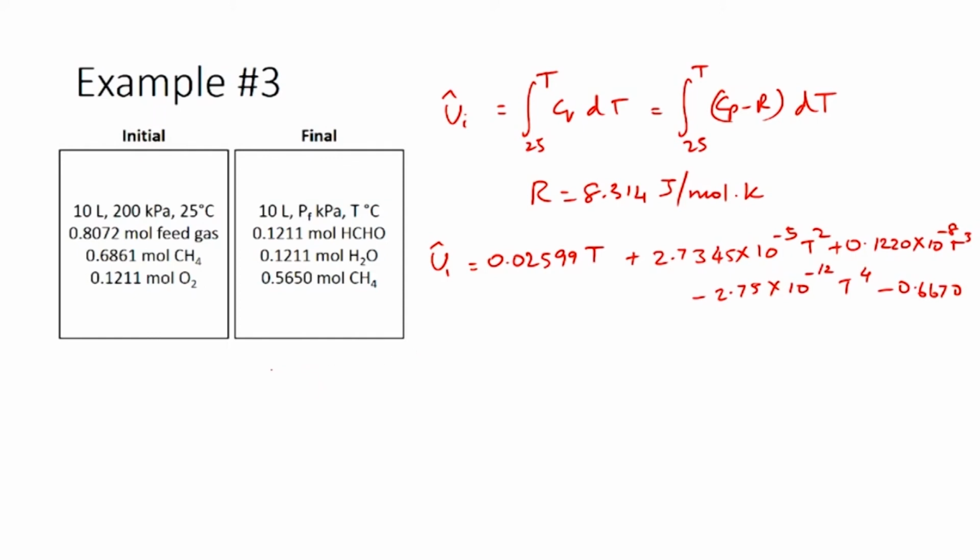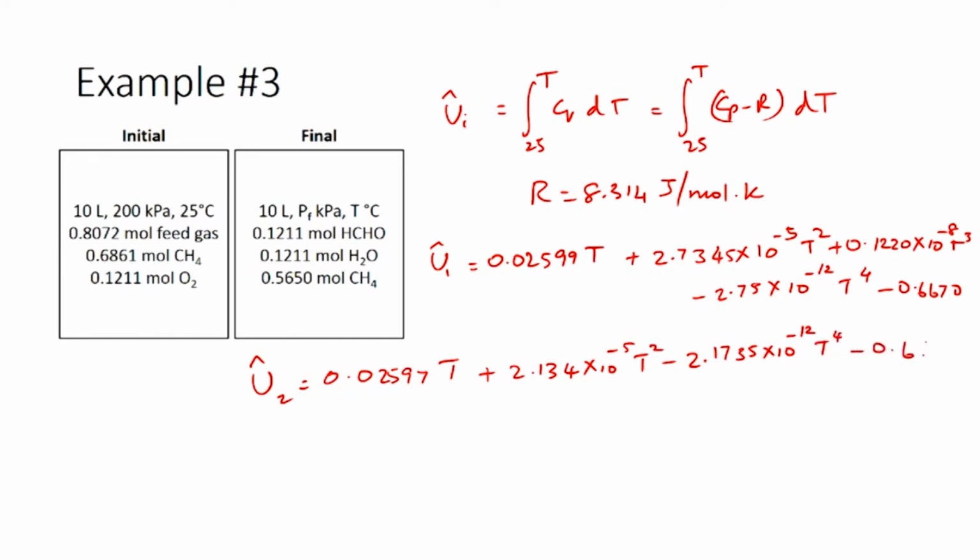Similarly, you can get U2 cap as 0.02597 T plus 2.134 times 10 power minus 5 T squared minus 2.1735 times 10 power minus 12 T power 4 minus 0.6623, again kilojoules per mole.